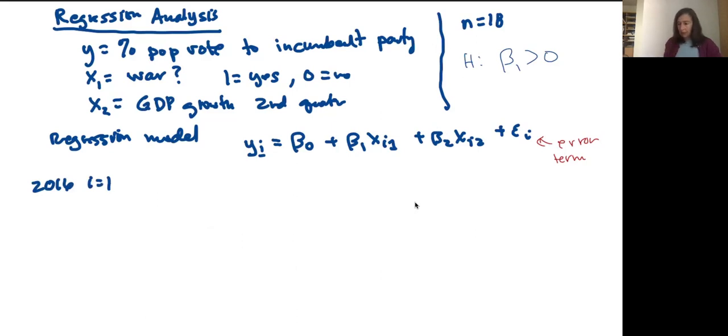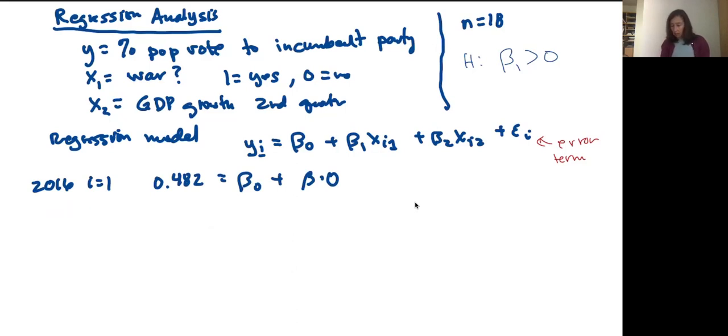What we would be saying is that yi would be 0.482. That is the percentage of the popular vote that Clinton got. She was the candidate of the incumbent party. And that would equal beta 0 plus beta 1 times, were we at war in 2016? No, we were not. So x1 for the first observation for 2016 would be 0.